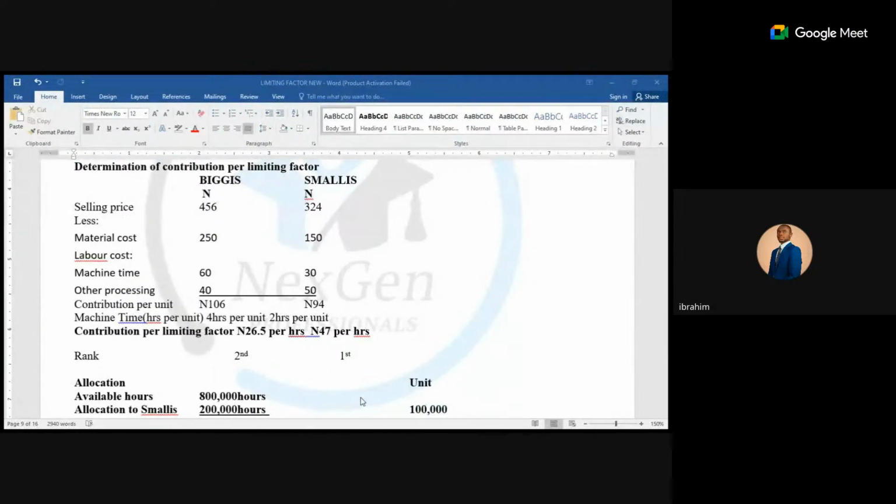Which one is higher? If you are the cost accountant and you see that this one will give you more than this, will you rank biggies first? Okay, thank you, sir. I understand. You're welcome.